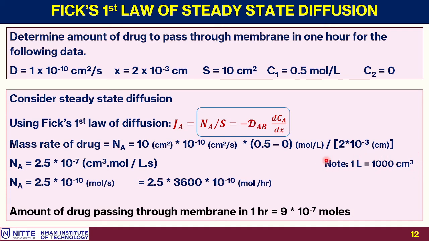So making use of this relation, you can rewrite the mass transfer rate as 2.5 into 10 power minus 10 mole per second. But what we need is per hour. So we multiply with 3600, and the amount of drug passing through the membrane we can calculate as 9 into 10 power minus 7 moles per 1 hour.